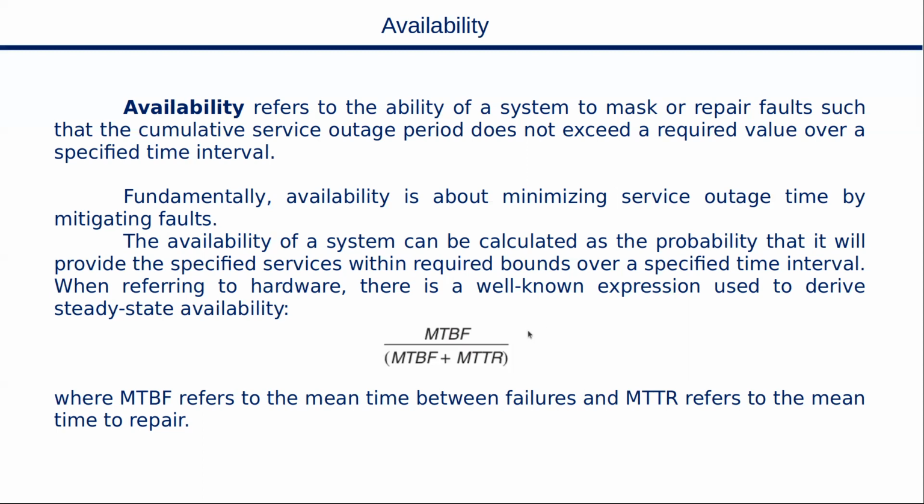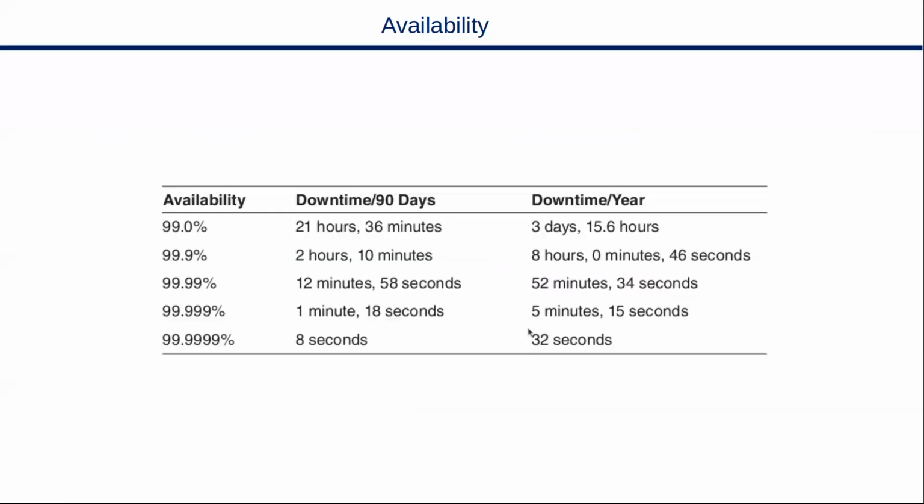Let me show you one of the examples. Here is the table of availability calculated for 90 days or 1 year. Let's imagine the percentage of availability is 99%.